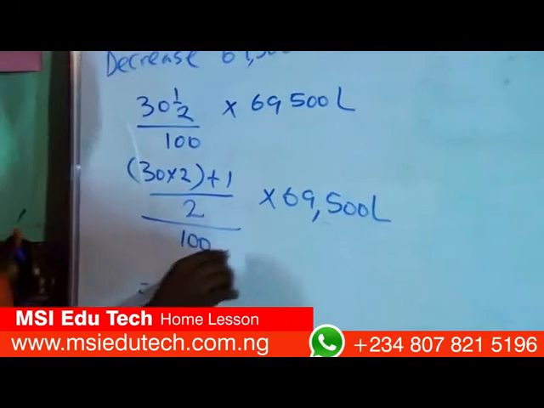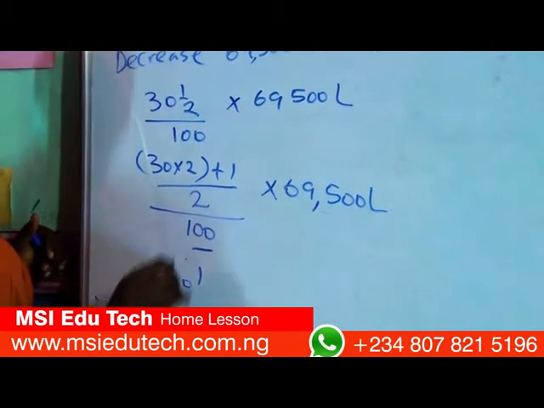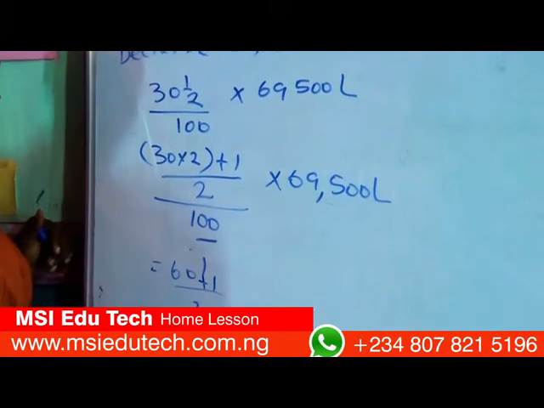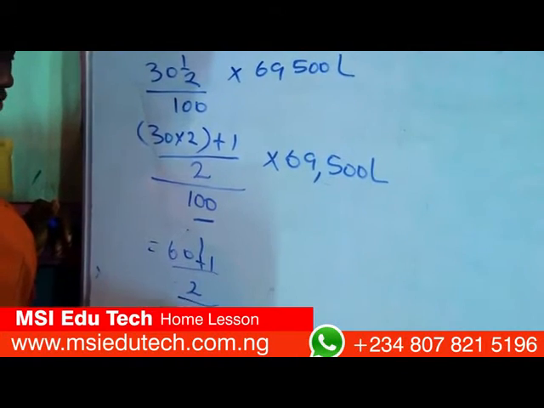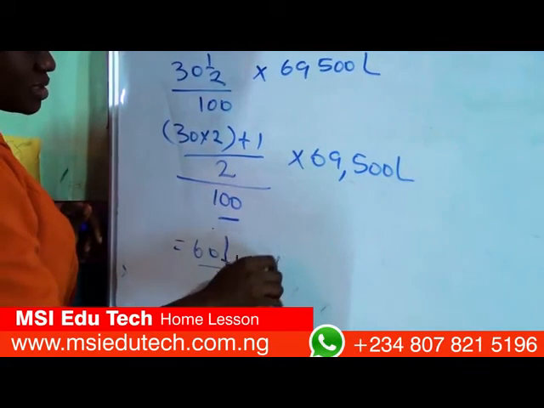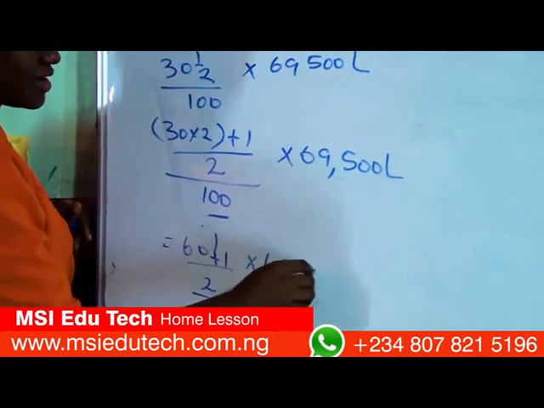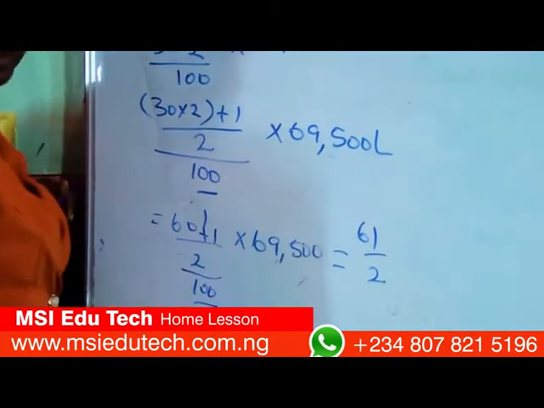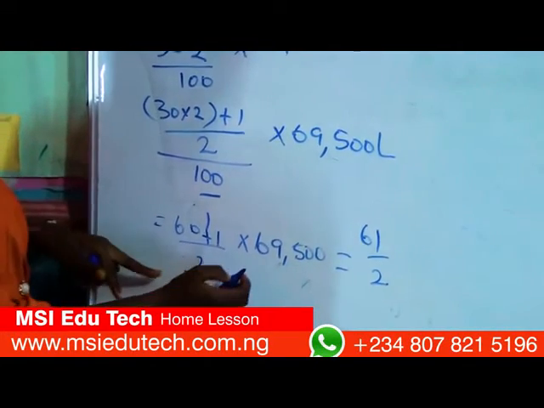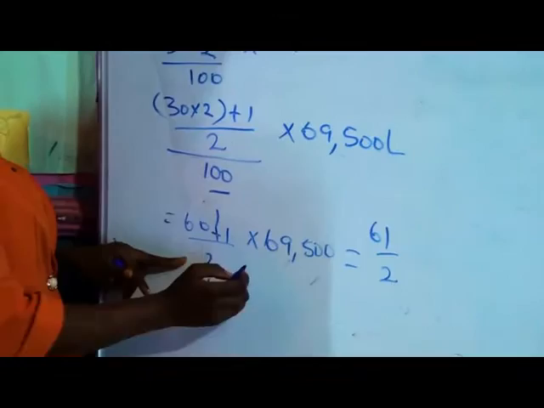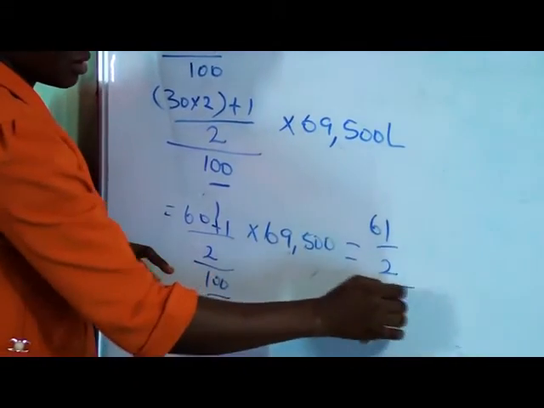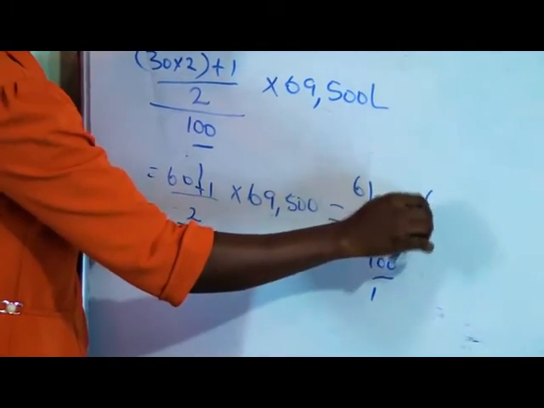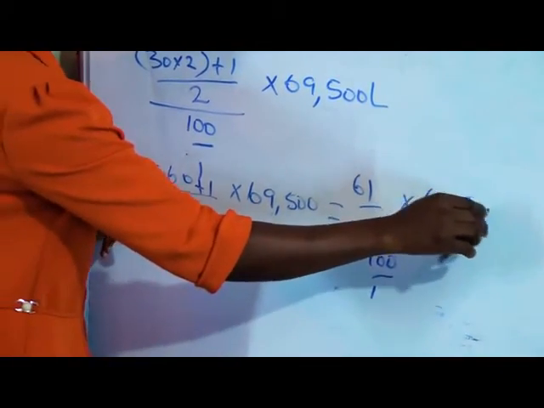So we have 60 plus 1, 61 all over 2 all over 100 over 1 times 69,500. This gives us 61 all over 2.